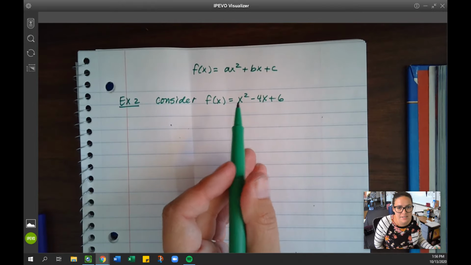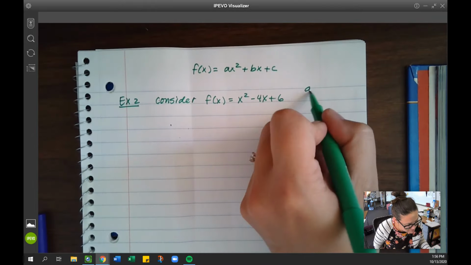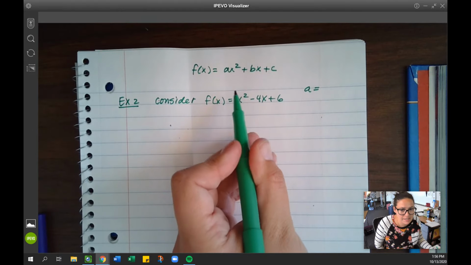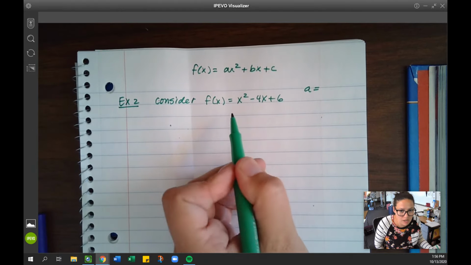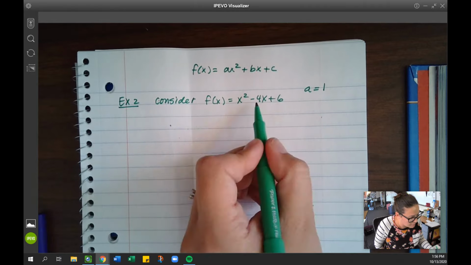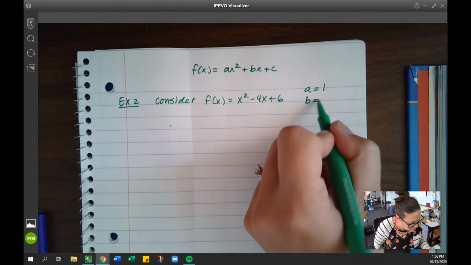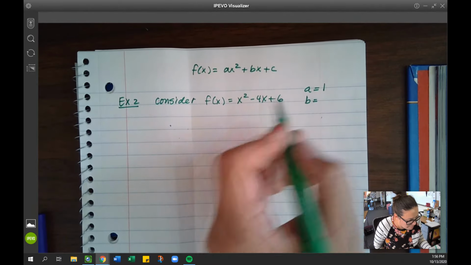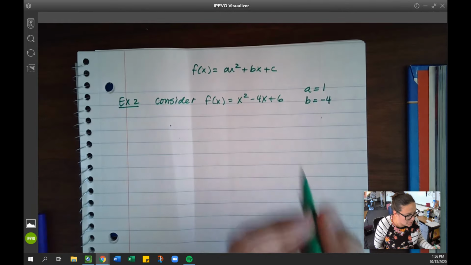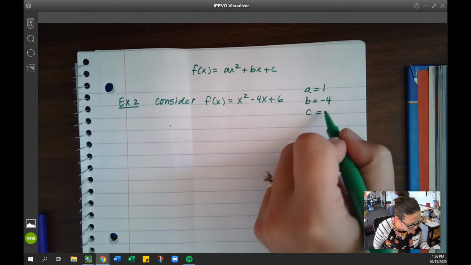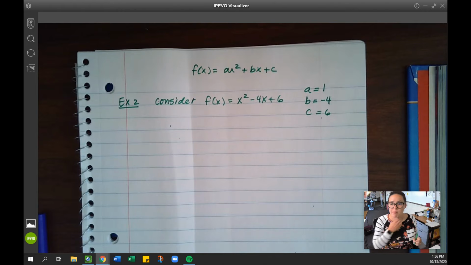So a is the number in front of x squared, which in this case is 1. There's really a 1 there. B is the number in front of x, which is -4. And c is the constant on the end. So c is 6.